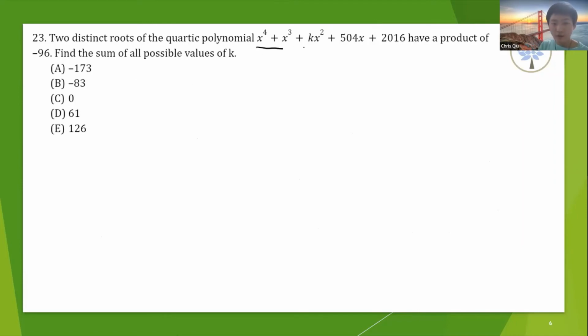First of all, we have this polynomial, and we're told something about its roots. So let's write our four roots as p, q, r, and s, and apply Vieta's theorems.